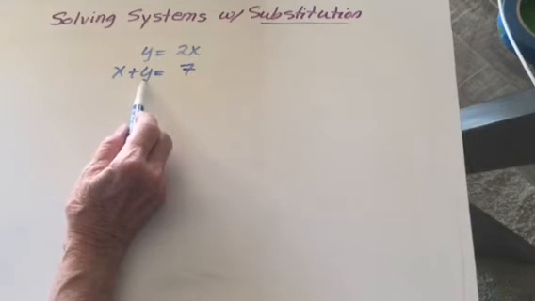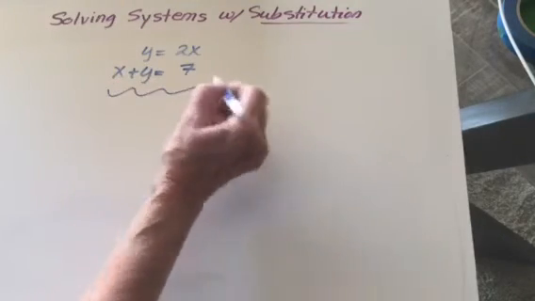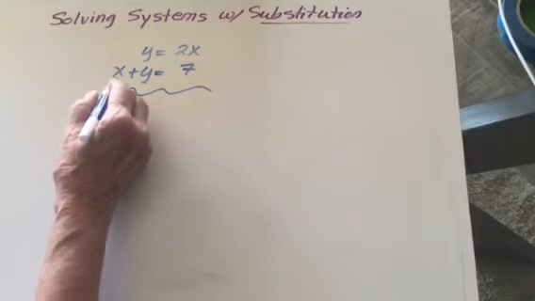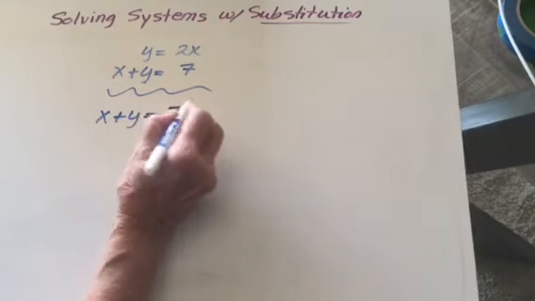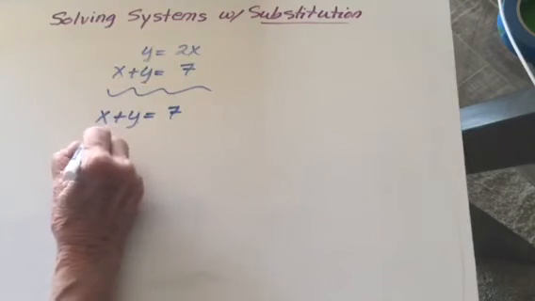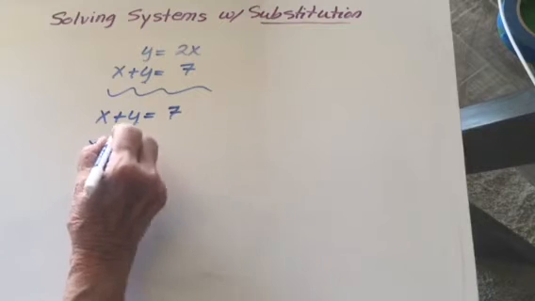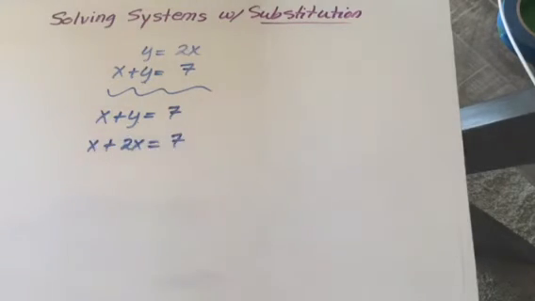I'm going to say 2x, because then my variables are the same. I can add them together. So instead of x plus y is 7, I know that y is 2x. So I'm going to say x plus 2x is 7.